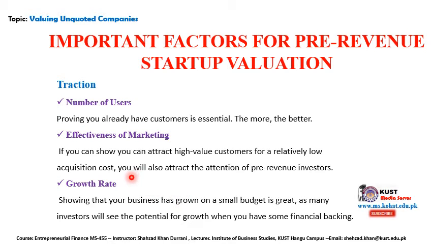So for example, you have really good revenues, you have really good products, people are liking your products, so it means that there are more opportunities to grow your business, and then the investors can trust you.